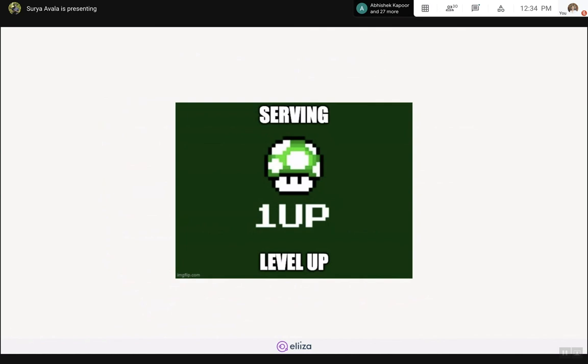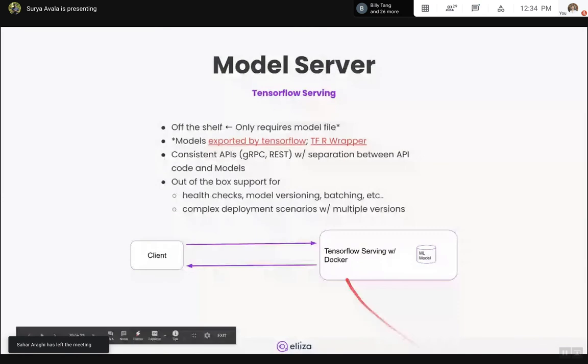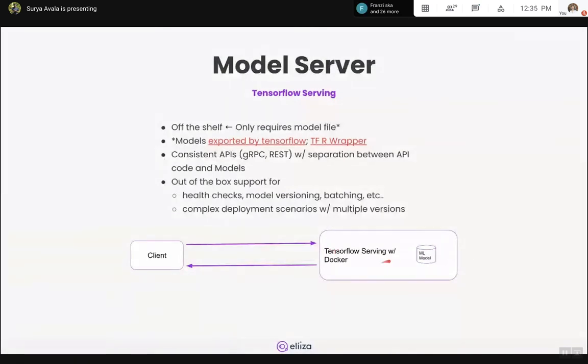So if we are leveling up our model server, we'll be using an out-of-the-box tool like TensorFlow Serving. So what is TensorFlow Serving? If you look at the image here, it essentially encapsulates the API server and the Docker that we had in our DIY solution.